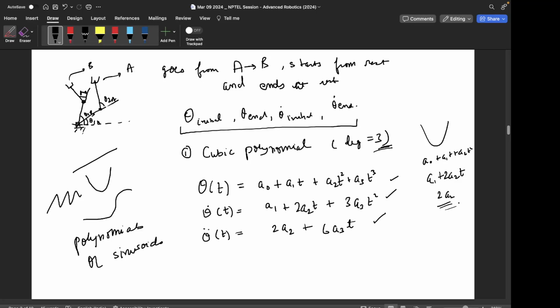To have more dexterity and more freedom in shaping the trajectory, you choose higher and higher degrees. In practical purposes, people use fourth order and fifth order trajectories for generating motions. The idea is that the higher the degree of the polynomial, the more freedom you have in shaping your trajectories.